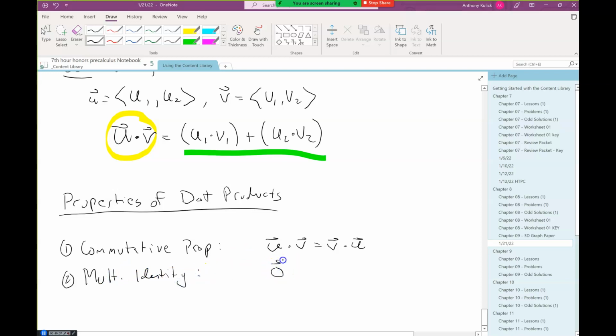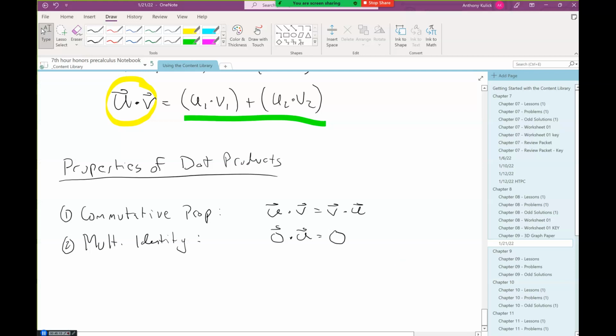By that I mean that the 0 vector dot any vector is just equal to 0. Notice again, the dot product of two vectors is equal to a number. So the 0 vector dot any vector is equal to the number 0, not the 0 vector, the number 0.